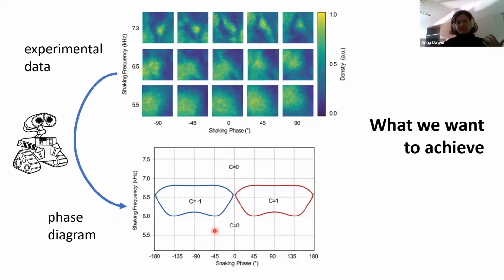The ultimate goal of machine learning for phase classification, I would say, is to detect phases straight from experimental data. The idea is to really remove any bias that could be introduced by physicists who may expect some phases.